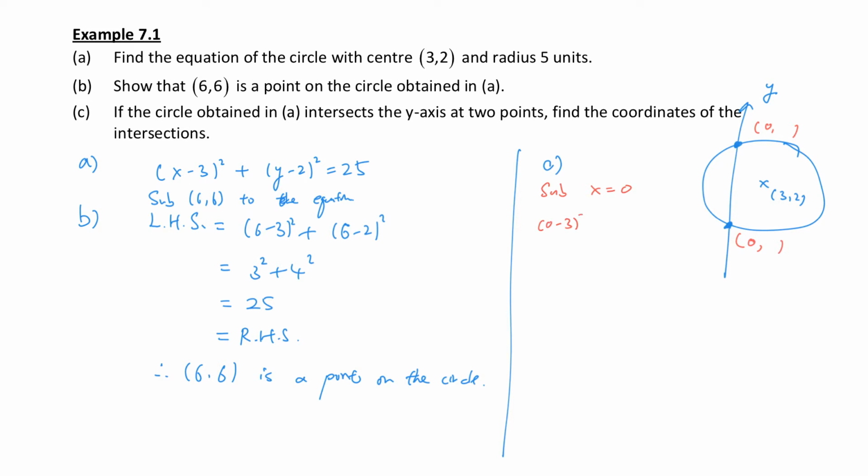(0 − 3)² + (y − 2)² = 25. So (y − 2)² is equal to 16. Take square root on both sides. We have positive 4 or negative 4.